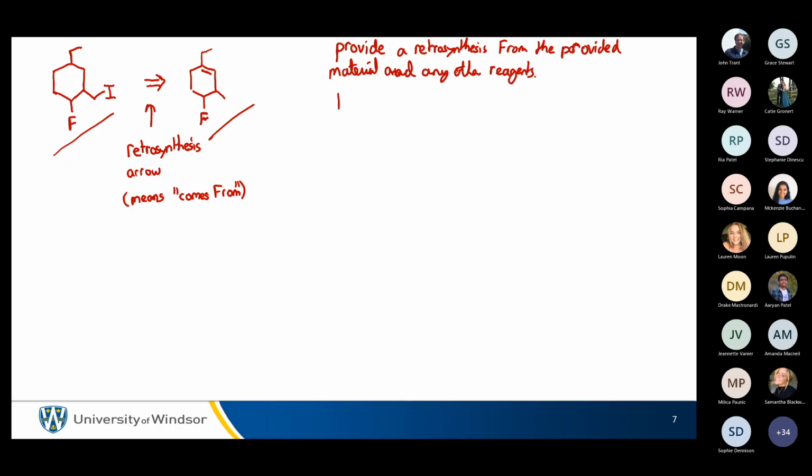And I could also say provide a forward synthesis with reagents. These are essentially the same question. So I'm asking you to make this from this.